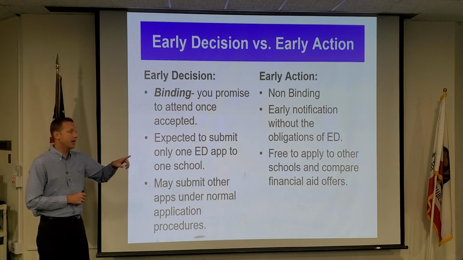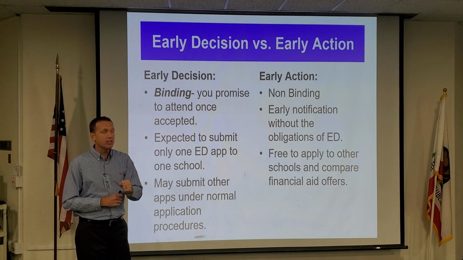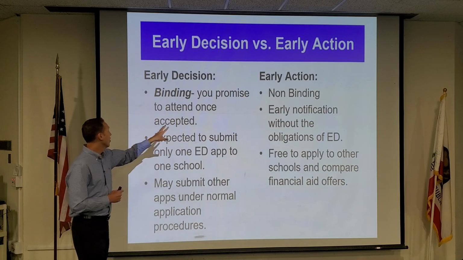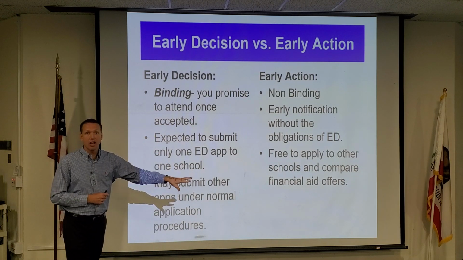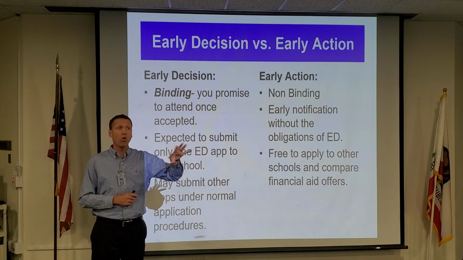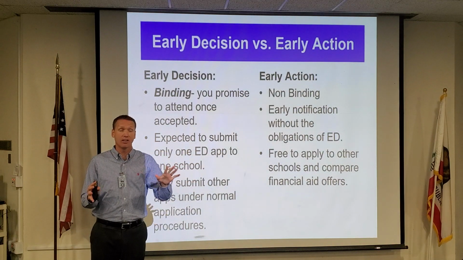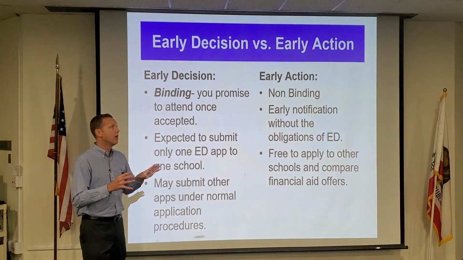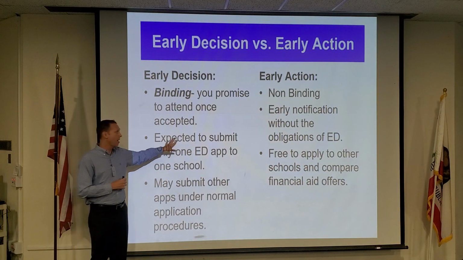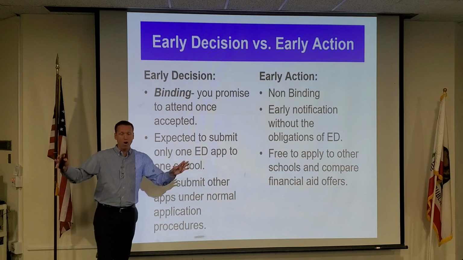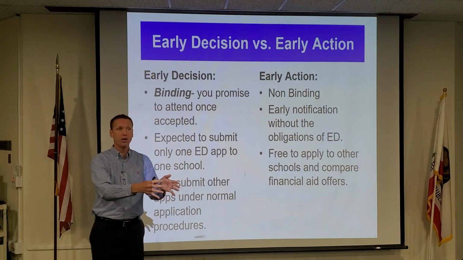Binding versus non-binding. Also, one of the things to consider is many of the early decision and early action announcements are done before or around the Christmas time season of the calendar. So if I go in early decision and I'm offered and I get in, wonderful, congratulations, I'm going.